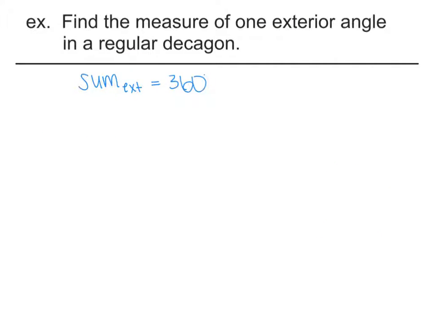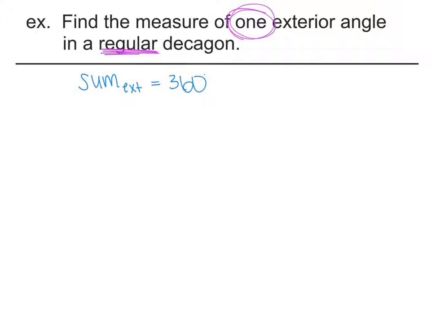Okay, so last example. Thank you for staying with me until the end here. It's almost the same example as the one before, except I've changed interior to exterior. But again, I'm asking for one exterior angle, and I am telling you that the shape is regular. We know that the sum of the exterior angles in any polygon is always 360. Regular, not regular, 4 sides, 104 sides, doesn't matter.